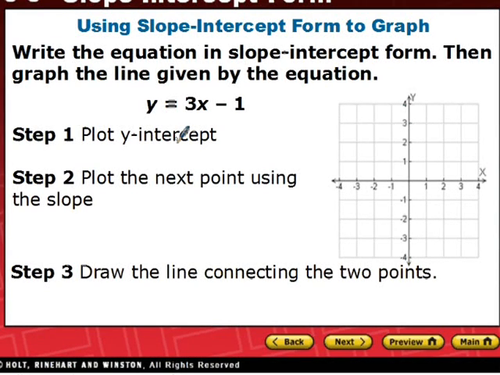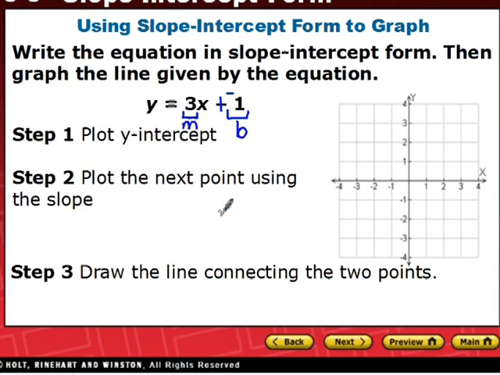It's just a matter maybe of going back in and, on this equation before you set up your coordinate plane, reminding yourself 3 is the slope, -1, make sure you pay attention to those minus signs, is the y-intercept. So set up your coordinate plane, pause the video if you need to, and then see if you can graph it. Then come back and you can check your work.